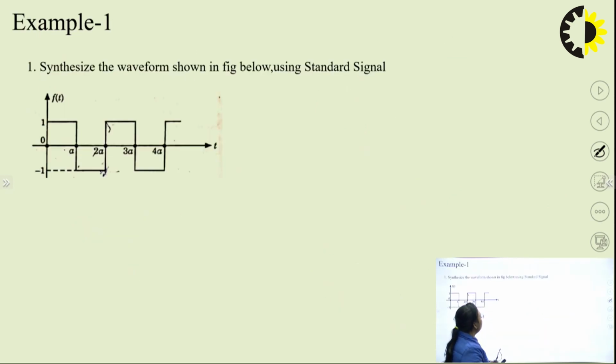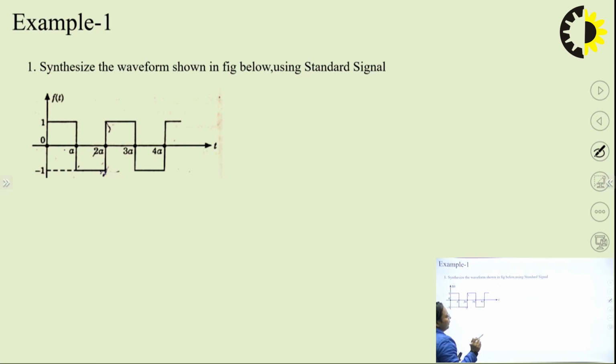So depending upon these signals, let us synthesize some waveforms depending upon the gate signal, depending upon the standard signal. The first example is to synthesize the given waveform shown in the figure below using the standard signal. I can solve this waveform depending upon the gate signal. You can see here there are two different magnitudes in this waveform, +1 or -1.